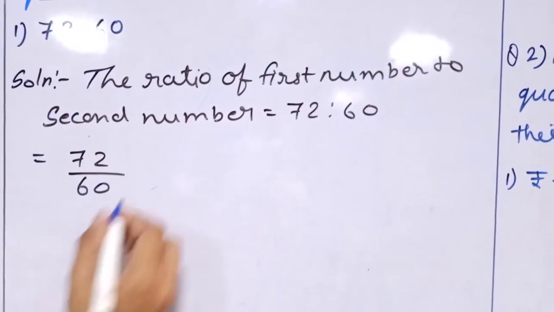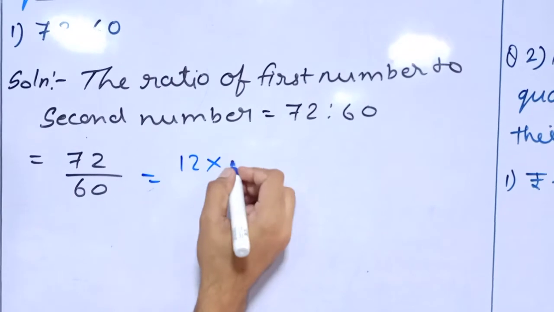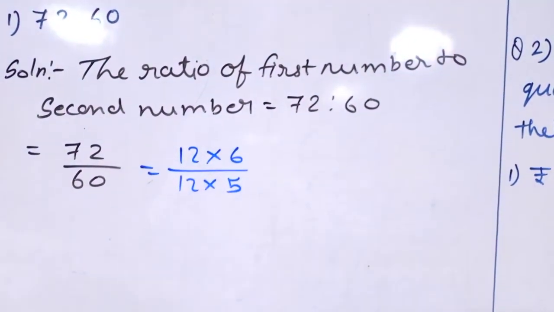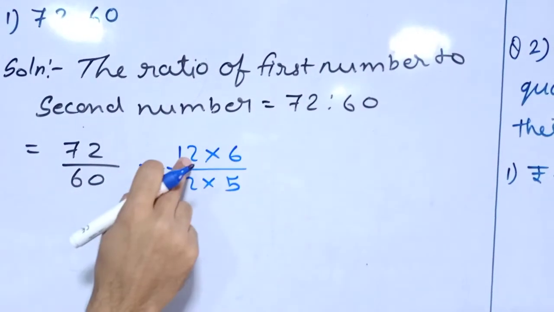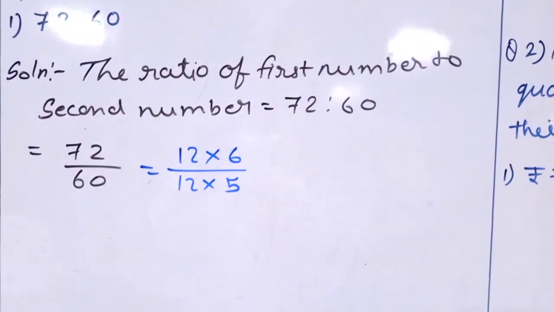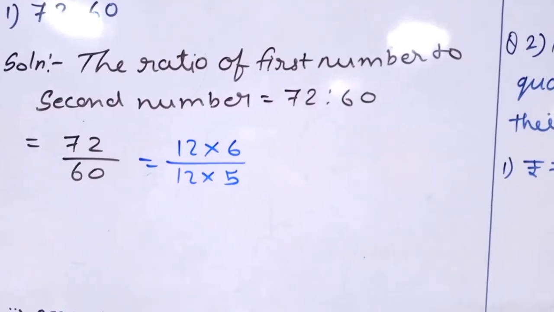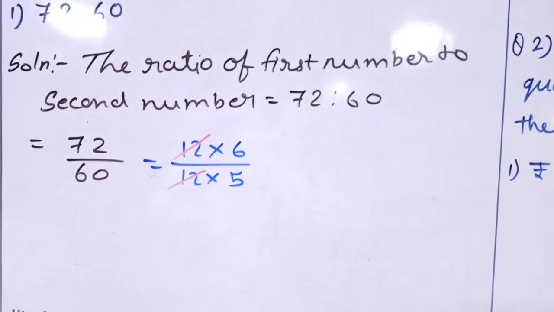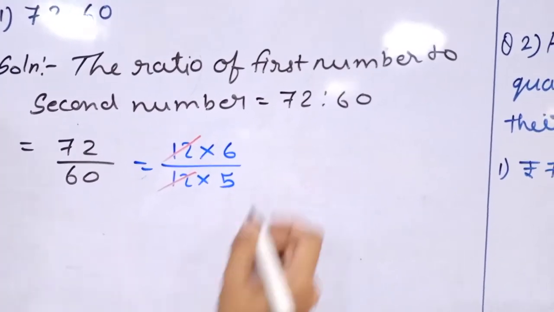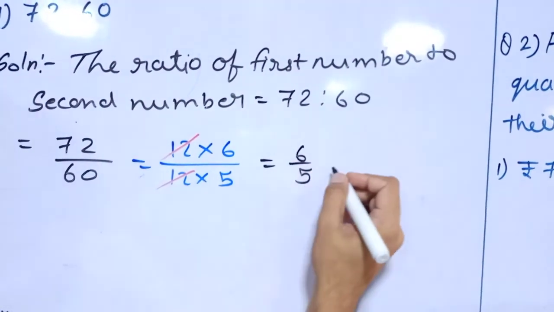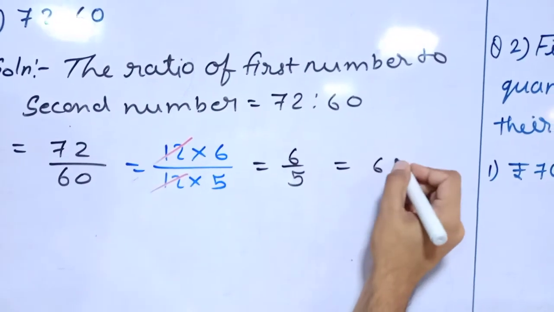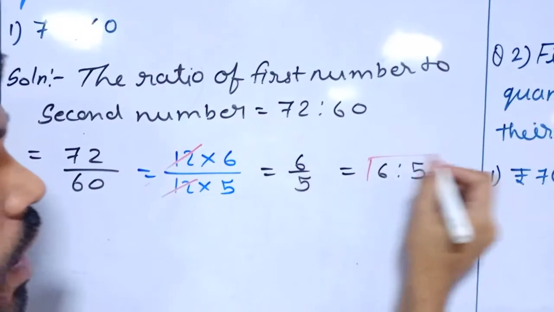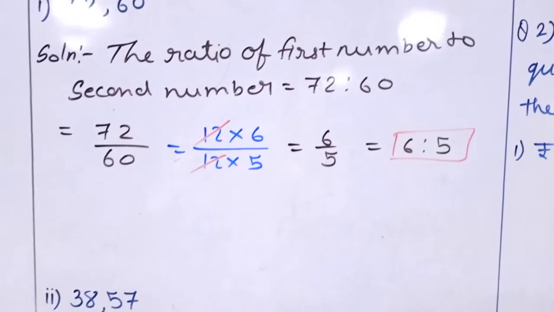So can we write 12 into 6, 12 into 5? 12 5s are 60, 12 6s are 72, so we factorize it. Now the numerator and denominator both have 12, so that will be cancelled and we get 6 upon 5. We write 6 is to 5, and that becomes our answer. Come for the next sum.